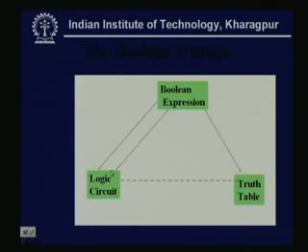If the logic circuit is given, the Boolean expression can be evaluated, and the truth table can also be constructed. If the truth table is given, then the logic circuit can be designed from it.